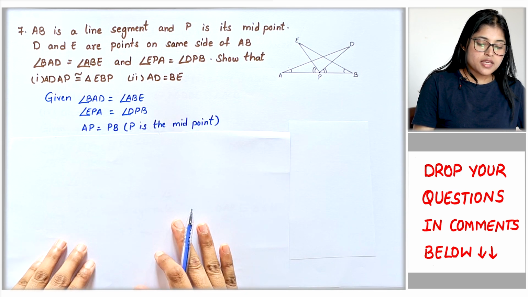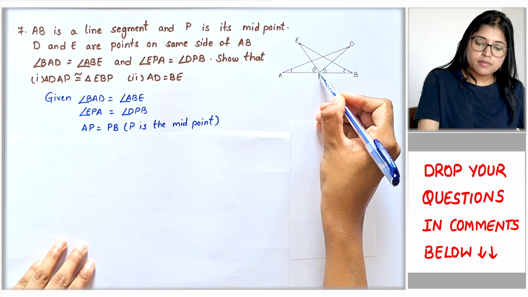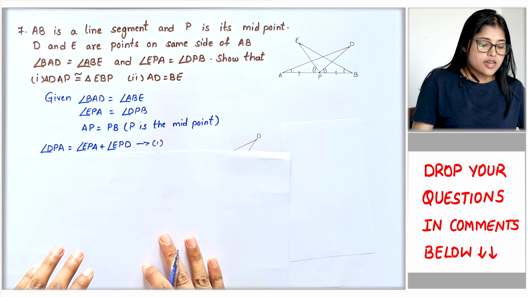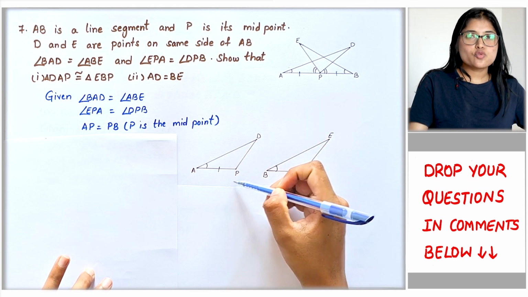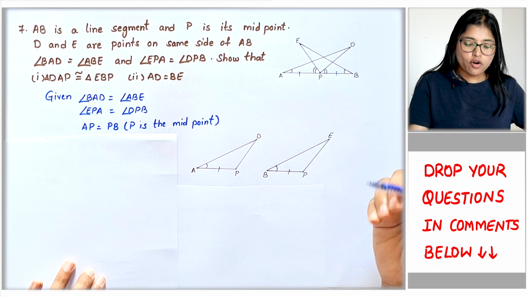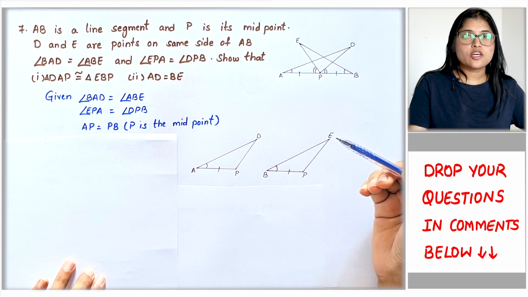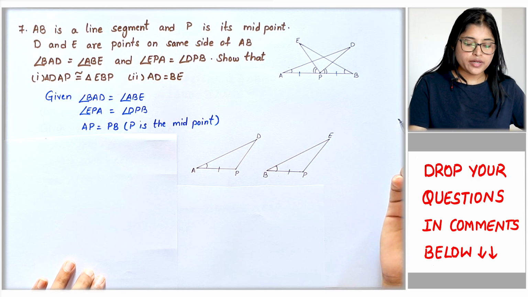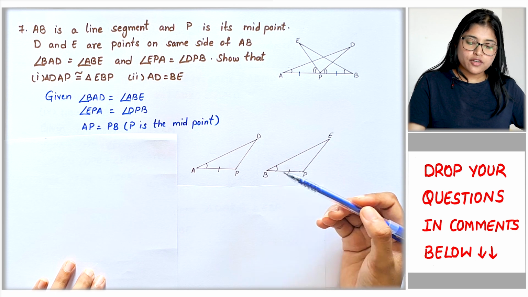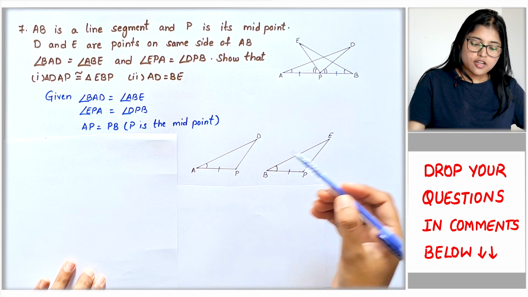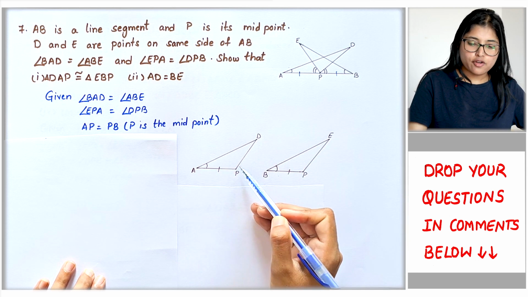Now AP is equal to PB. I can say that because P is the midpoint, so this side is equal to this side. Now I have drawn these two triangles separately here in order to understand which angle or side I can prove to be equal in order to show that they are congruent. Here I need to find two angles, which are DPA and EPB, so that I can say angle side angle congruency.